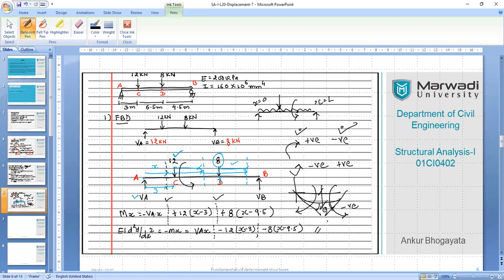The biggest advantage of Macaulay's method is that whatever the load condition, we create one common governing equation for the moment, and then progressively we put it into the governing equation for the relationship between the moment and curvature, and then we keep integrating the same equation with respect to x to obtain the slope and the deflection general format. That is the speciality of Macaulay's method.